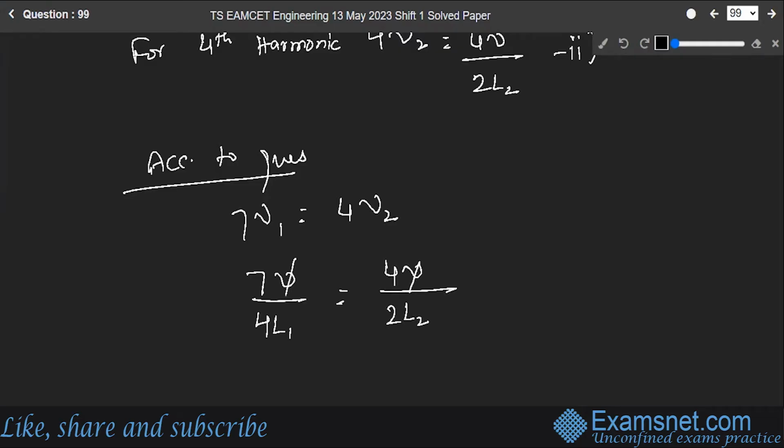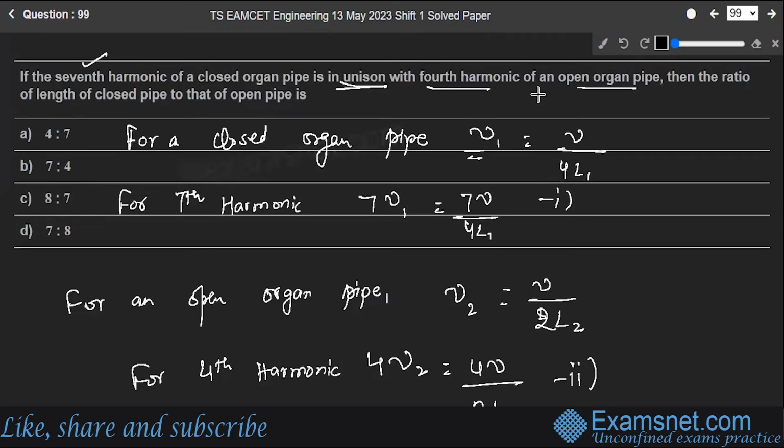So this will cancel, and this will cancel. So you will have L1 upon L2 is equal to 7 upon 8, or this is having the ratio 7:8. That makes option D the correct answer. Hope you got that. Let's move to the next question.